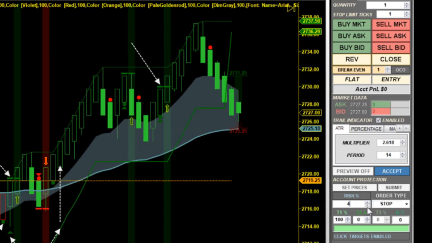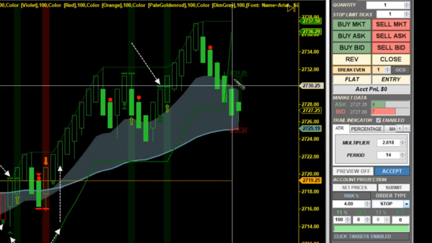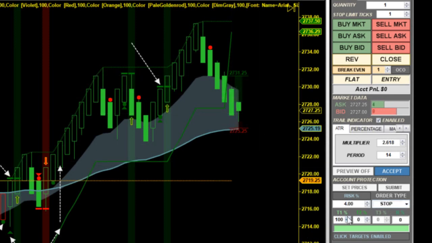So if I put 4% in here, and we use a stop order for our DTS entries, we can allocate how much of the contracts we want to go into target 1, target 2, 25%, and then the balance would be a runner. So you have a lot of different options.